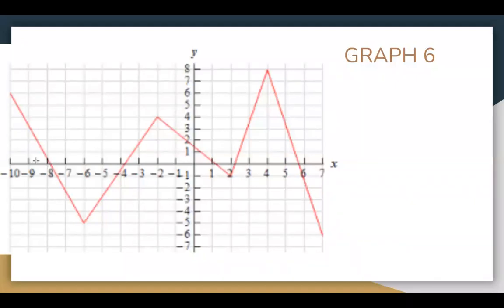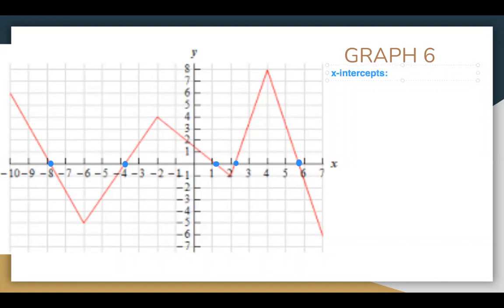X-intercepts. I feel like we've seen enough of these graphs to know we have to look at this x-axis. So we're going to cross there, right there, here, here, and here. We're going to have a lot of decimals for this one.